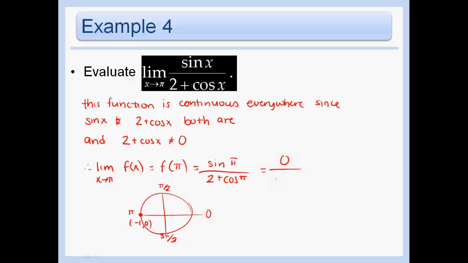So we have 0 over 2 minus 1, which is 0 over 1, which is just 0. So that's it. That's all we have to do. We can just apply direct substitution since the function is continuous at x equals pi.